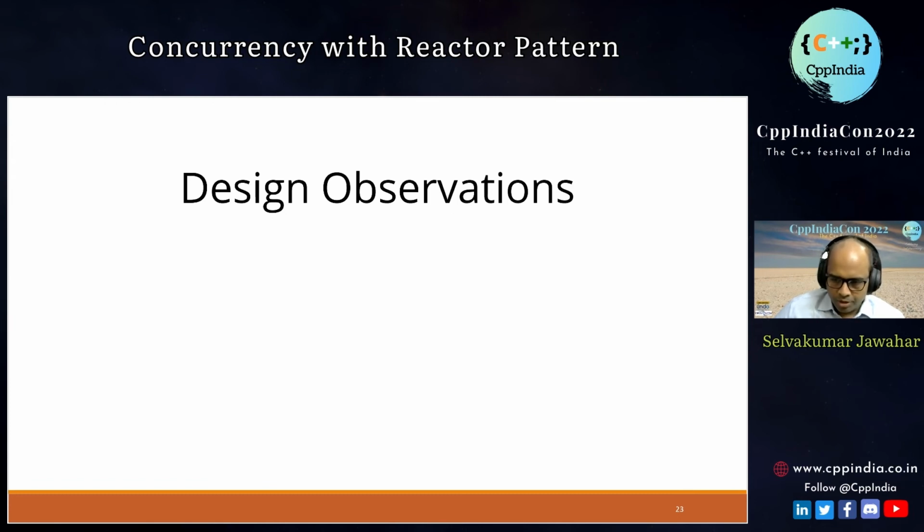Then of course the packets may get lost. We will see some of the limitations of the reactor in the subsequent slides. But as long as the reactor is running without blocking the event loop, you should not see any packet loss.